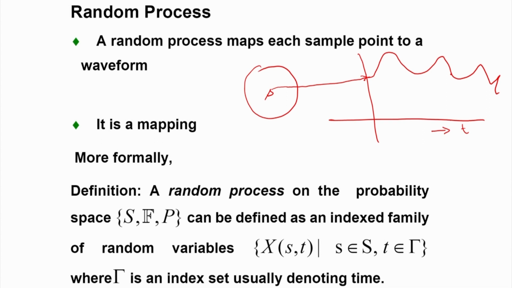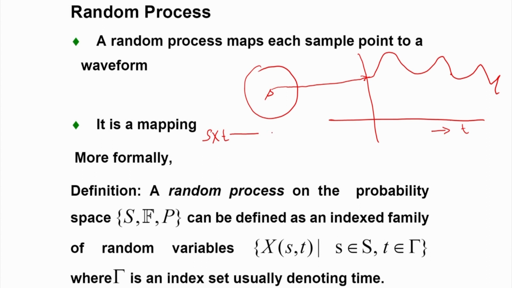So, we can say that a random process is a mapping from the Cartesian product S cross T. It associates a pair S and T to a point on the real line.